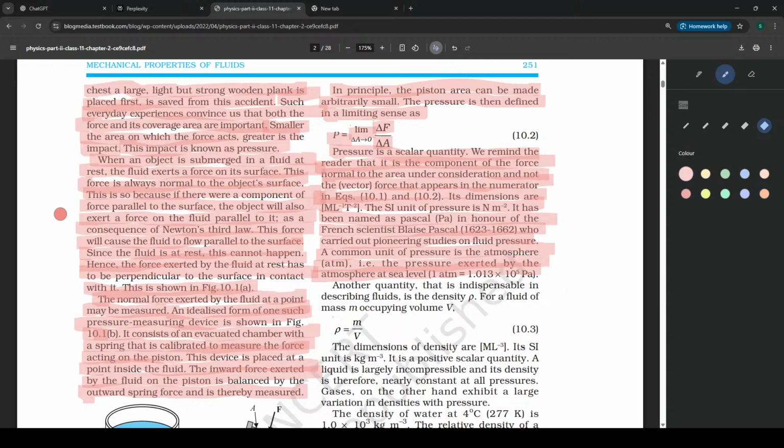It is the component of the force normal to the area under consideration and not the vector force that appears in the numerator. Its dimensions are M L T power minus 2 and the SI unit is Newton per meter square or Pascal, and atmospheric pressure at sea level is approximately 10 power 5 Pascal.